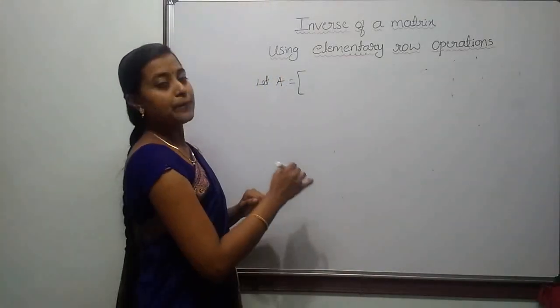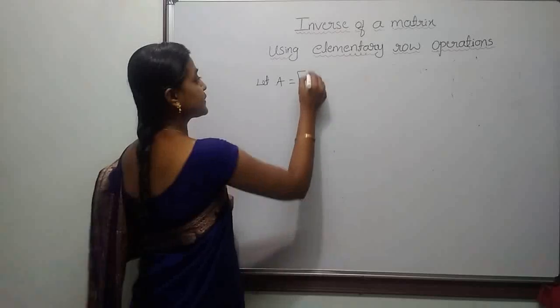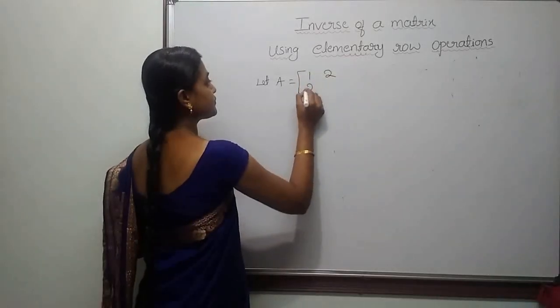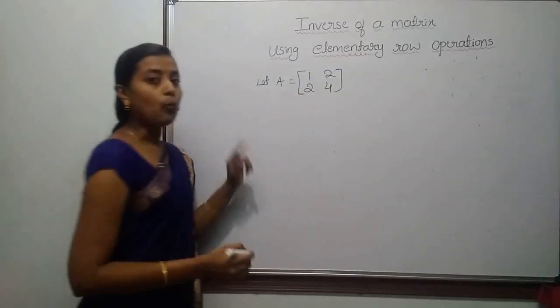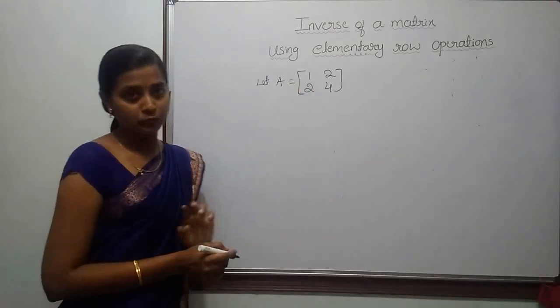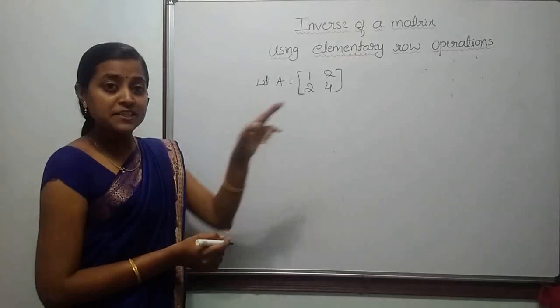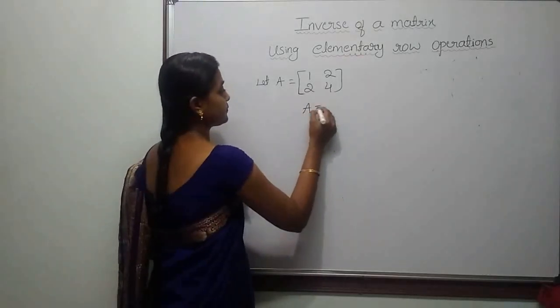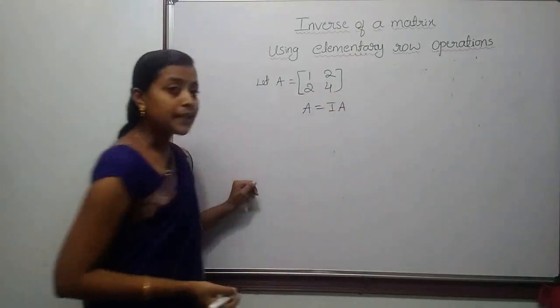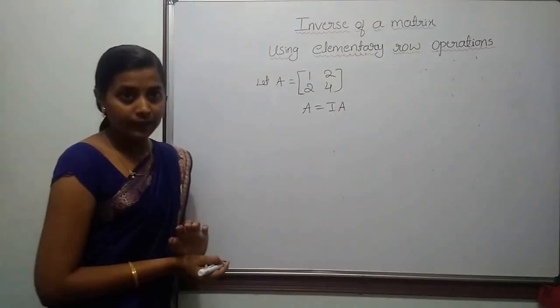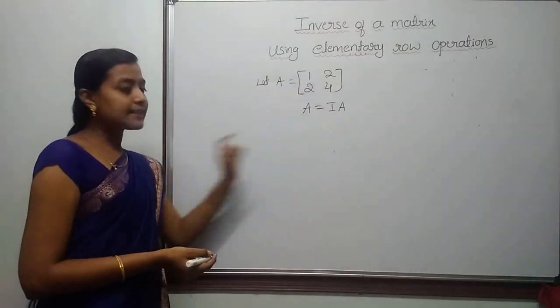Let A be a matrix containing elements 1, 2, 2, 4. Now let us try to find the inverse of this. First we write the equation A equal to I into A. Substitute the matrix A in the LHS.